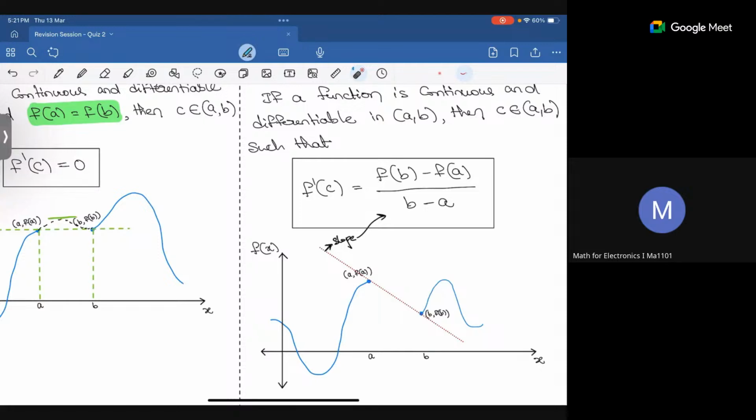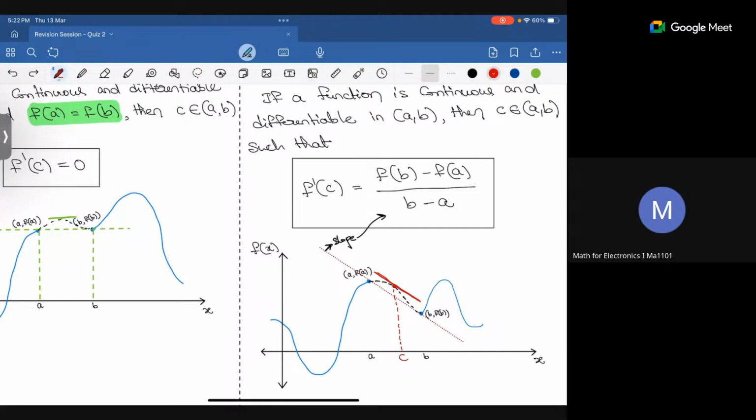However you connect, there will always exist a point C, such that when I compute the slope at that particular point, that will be the same as this slope, the slope of the line connecting (a, f(a)) and (b, f(b)).